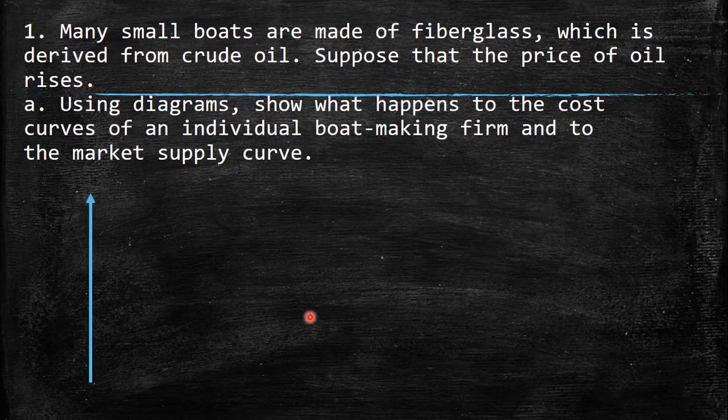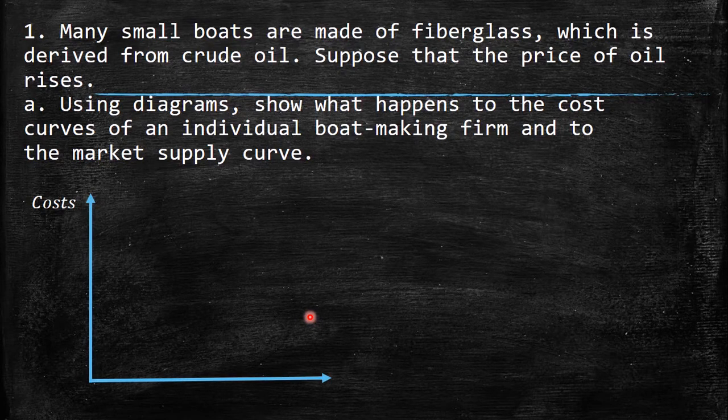So remember from the very beginning of the chapter, 3, 4 if I'm not wrong, were all the things that make changes on supply on the producer side.